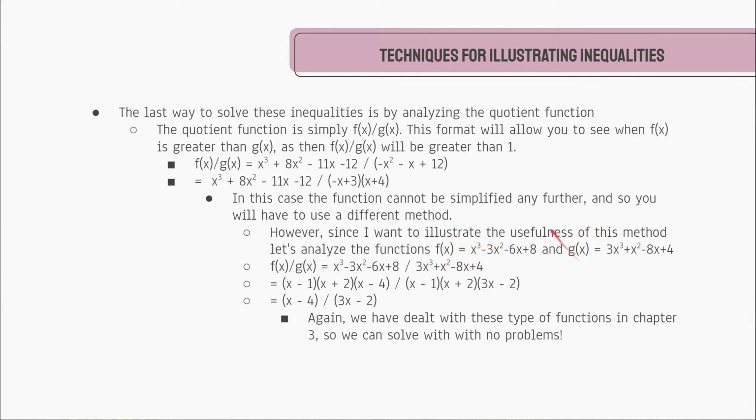As you can see, they're both now order 3 polynomial functions. I made sure that all of them can factor. And so once you go through the factor theorem and find the factored form of these two equations, we get this: x minus 1, x plus 2, x minus 4 divided by x minus 1, x plus 2, 3x minus 2.